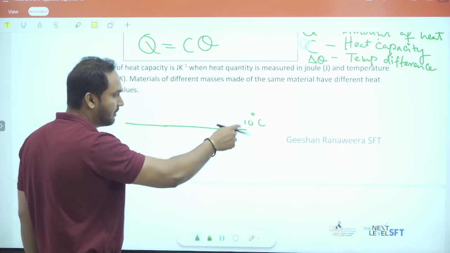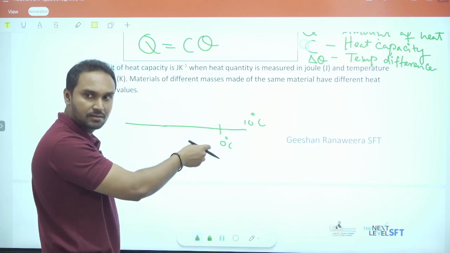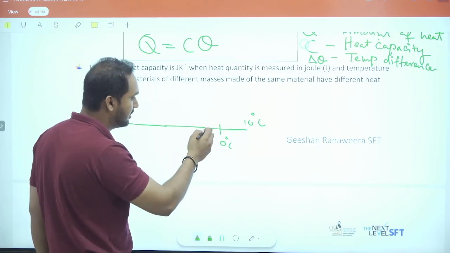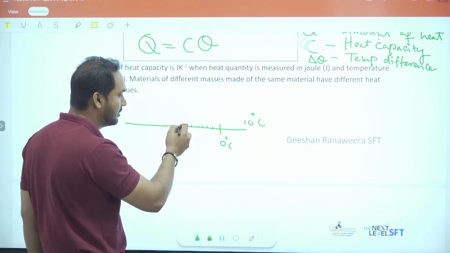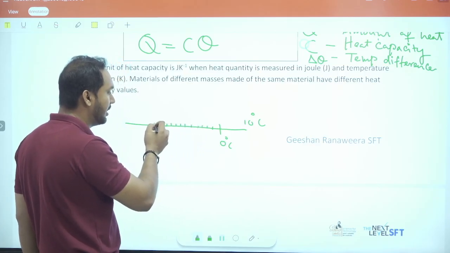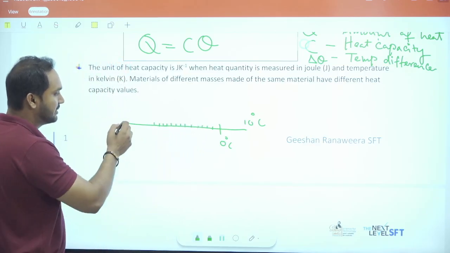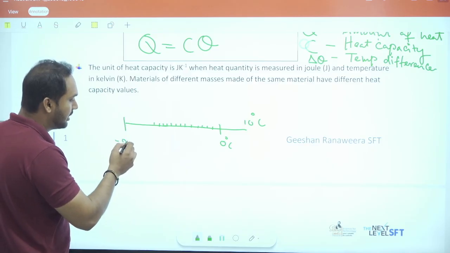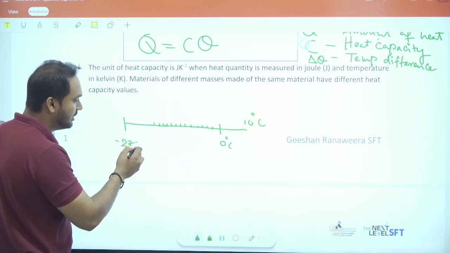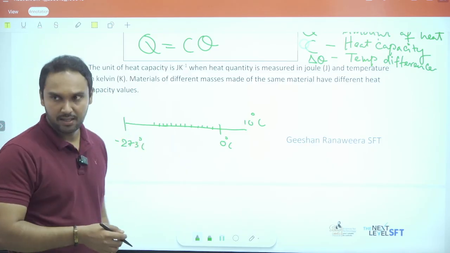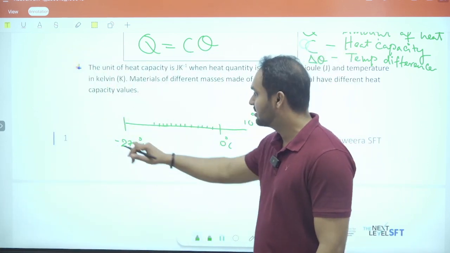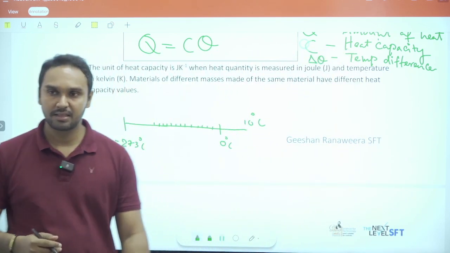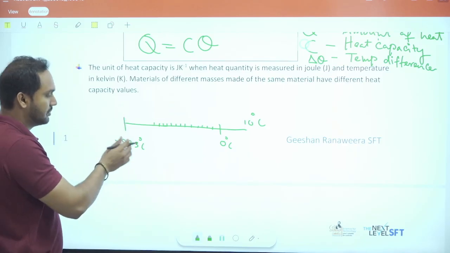Divisions are there, 1, 2, 3, 4, 5, 6, 7, 8, 9, 10. And it goes back a large amount, and let's say here is minus 273 Celsius.